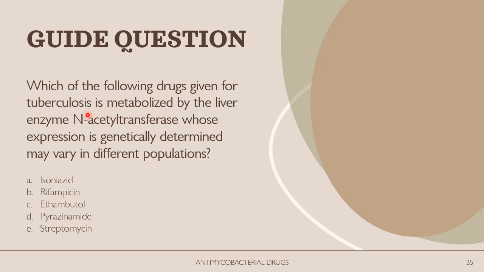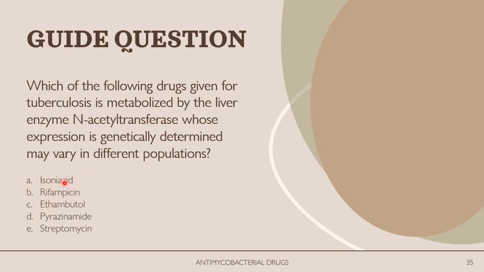So the question is asking which of the following medications is affected if a patient is a fast acetylator or a slow acetylator. Or the question is asking which of the following is metabolized via acetylation. That's easier.